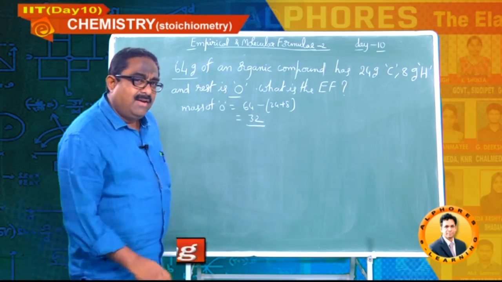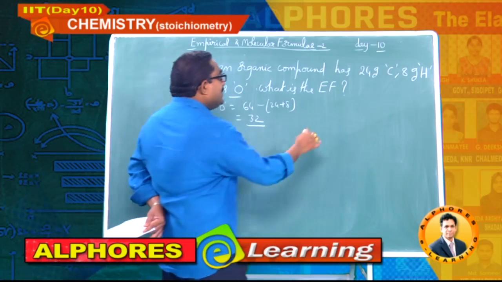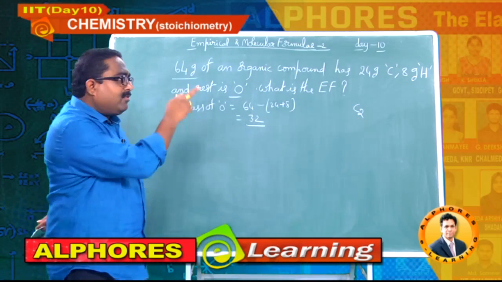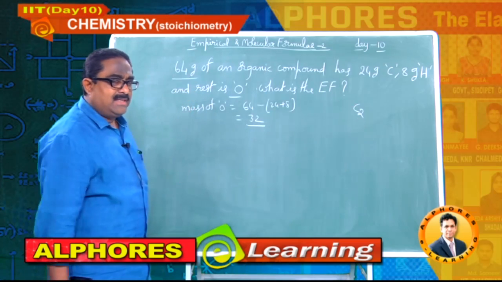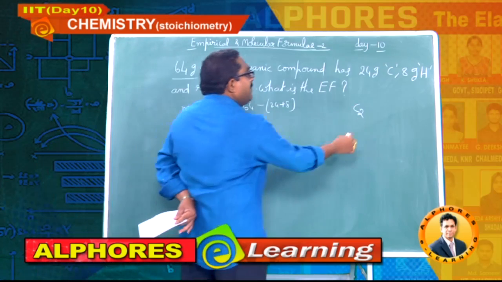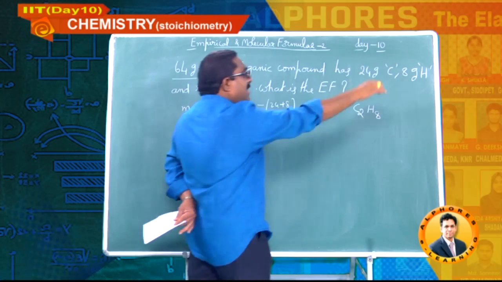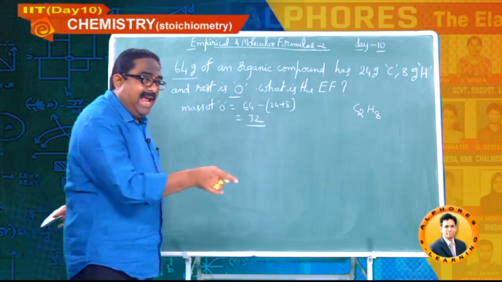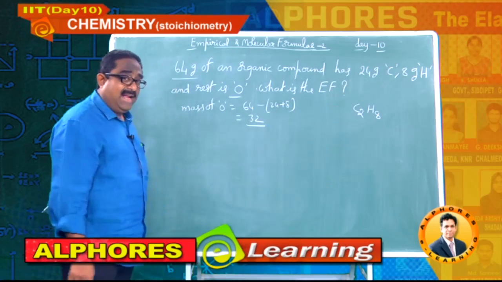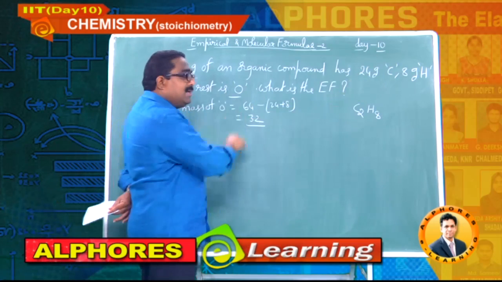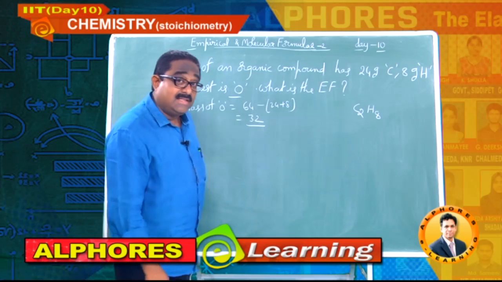The carbon atomic weight is 12, so you can write C2, 2 into 12, 24. Observe, students, very important. Hydrogen atomic weight is 1, but 8 grams he has given, so I can write it as C2H8. The rest is oxygen. Oxygen mass here is 32, and oxygen atomic mass is 16, so 2 into 16 is 32.